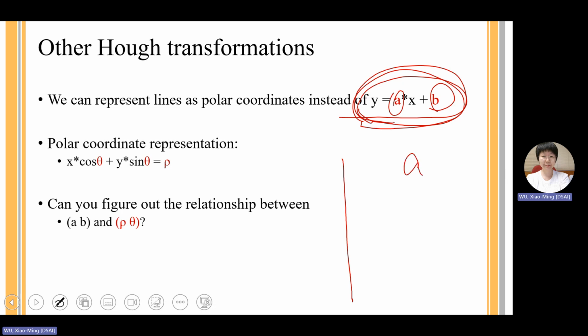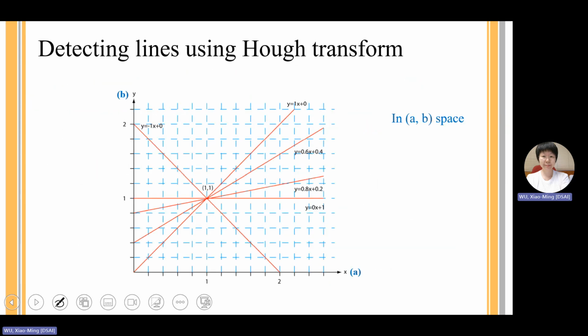A will be a very large number. For a vertical line, A goes to infinity because its slope goes to infinity. So this representation is not friendly for representing vertical or nearly vertical lines because A will be very large.